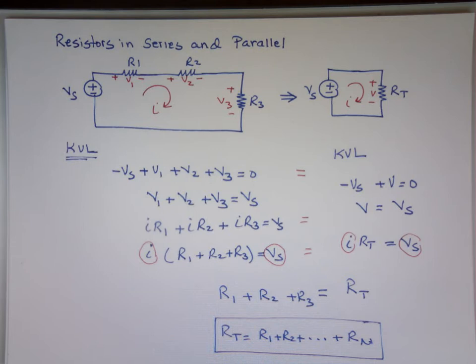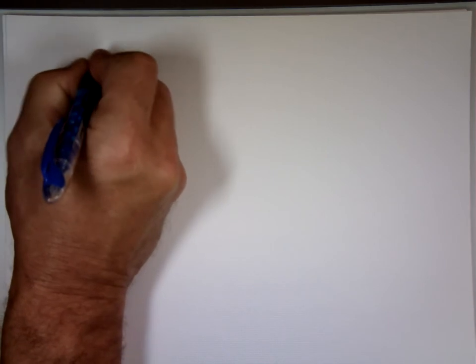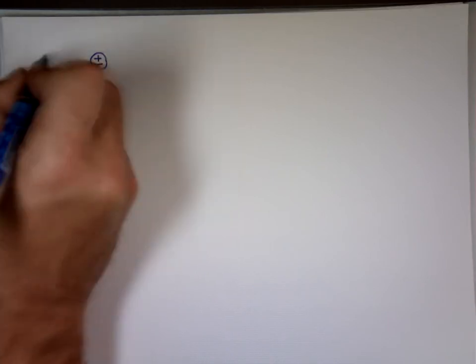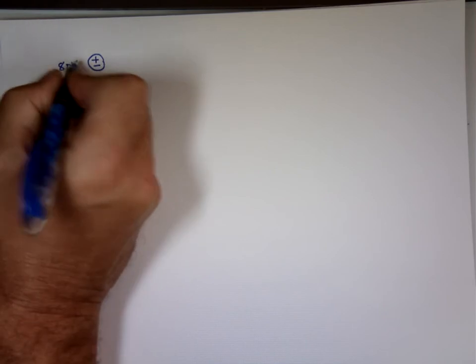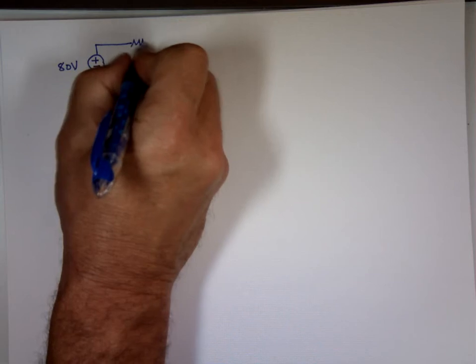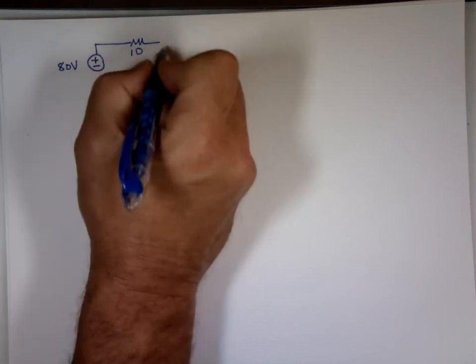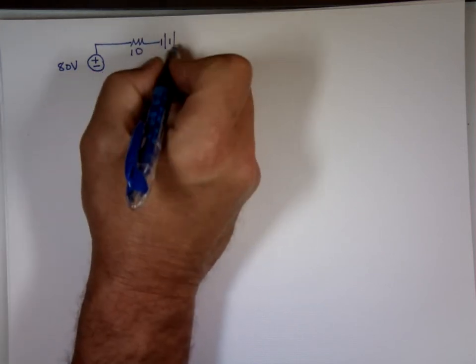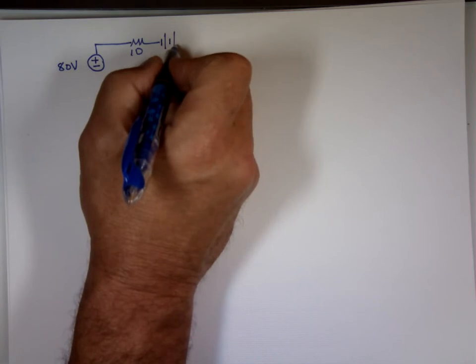Now, where can I use that? Here's an example. Let's say we have this circuit of 80 volt, 10, 30.